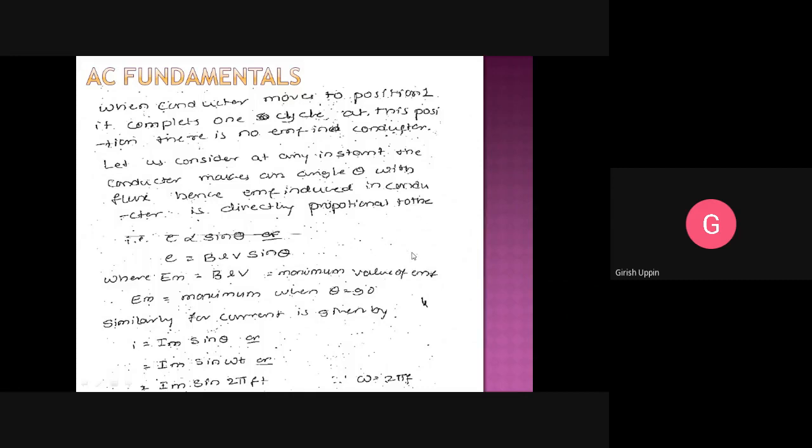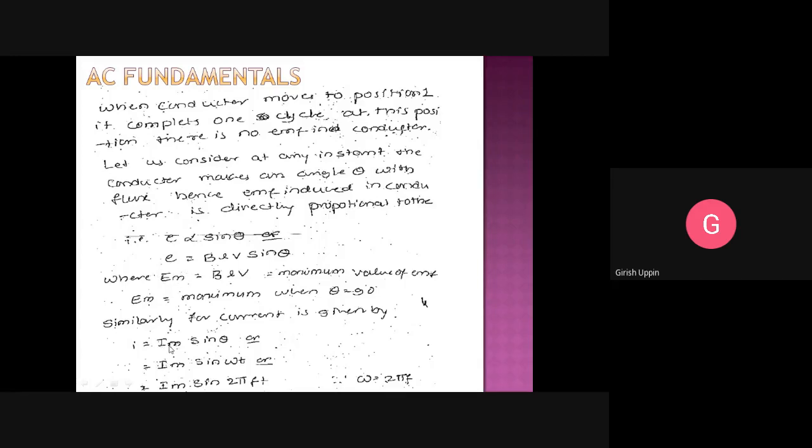One thing you have to note is, in case of alternating quantities, we represent them with lowercase. Lowercase e or lowercase v is the voltage, lowercase i is the current, and uppercase E suffix M, or capital V suffix M, is the peak value of the voltage.